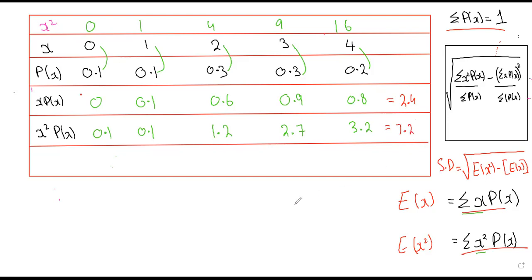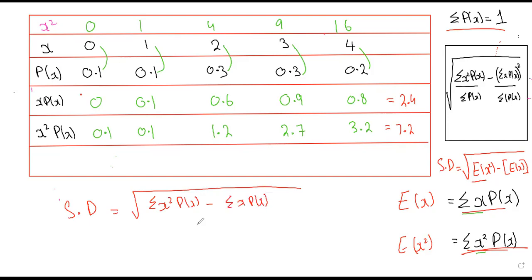Once we have both of them, we need to write it down directly. Standard deviation is under the root, summation x squared p(x) minus summation x p(x), squared.